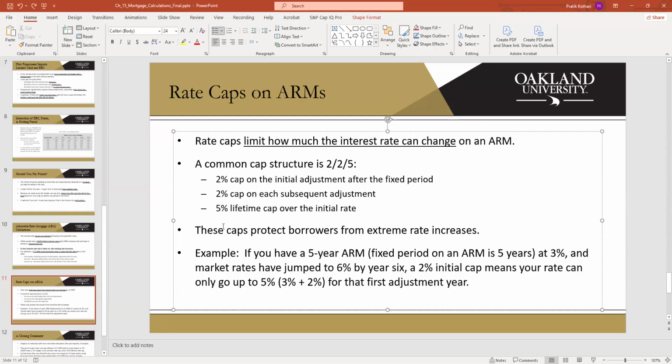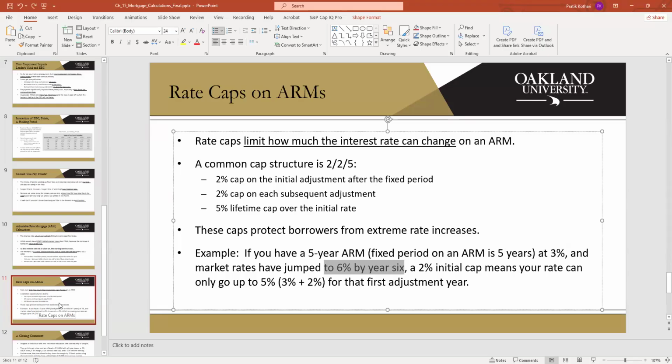So essentially, these caps are there to protect the borrowers from extreme rate increases. For example, suppose that you have a 5-year ARM, as in the first 5 years you get a fixed interest rate, and that fixed interest rate is 3%. And in the 6th year, markets have jumped by 6% in terms of interest rates.